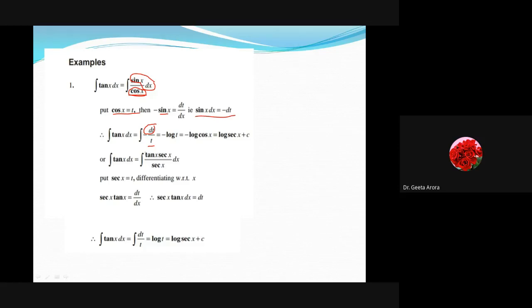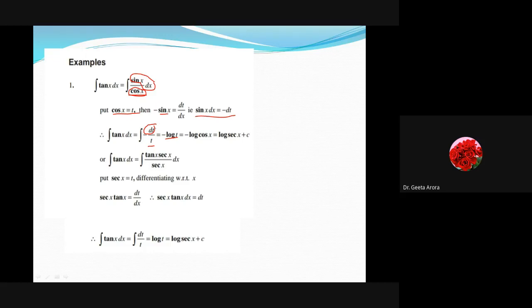Now, the integral of dt by t is the same thing as dx by x, because the variables are different but the formulas are the same. So the integral of dt by t is log t, just as we have learned that the integral of dx by x is log x.